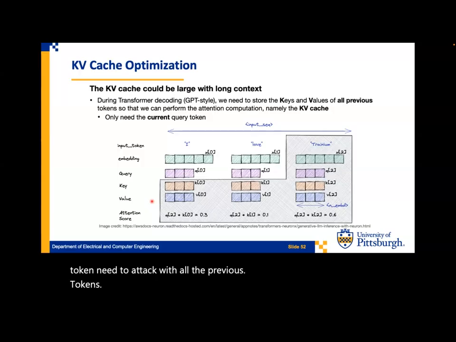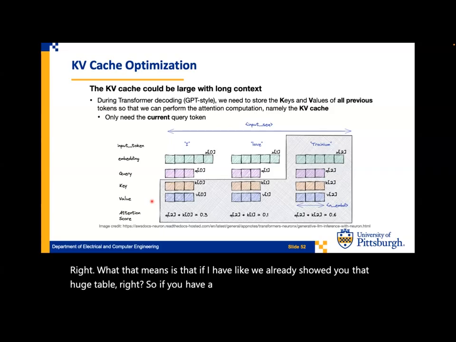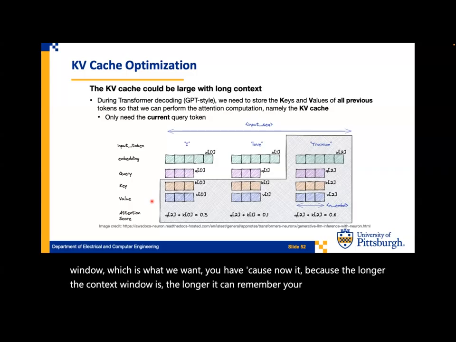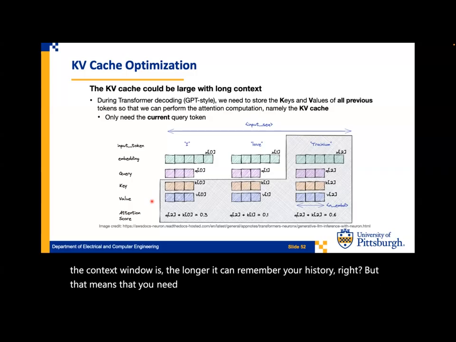We already showed you that huge table. If you have a very long context window, which is what we want, because the longer the context window is, the longer it can remember your history, right? But that means you need to remember the KV cache for all the previous tokens.